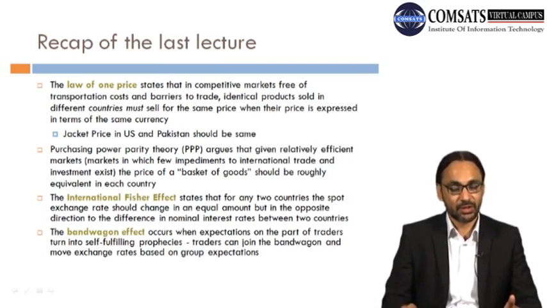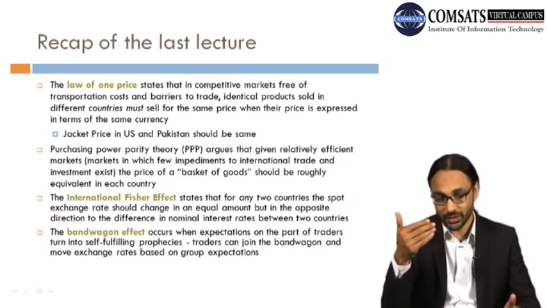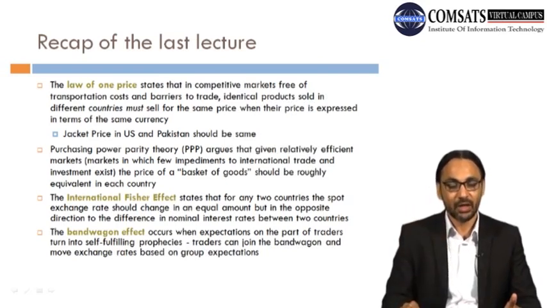In continuation of the law of one price, there is another concept called purchasing power parity, which states that the basic goods required for daily life should be the same across the countries. This is called the price of baskets of goods, and it should be roughly the same.